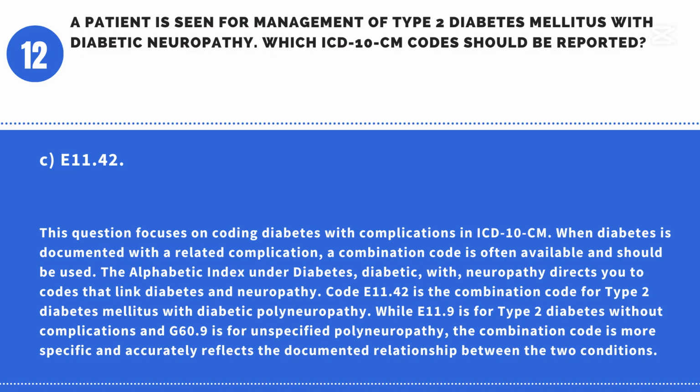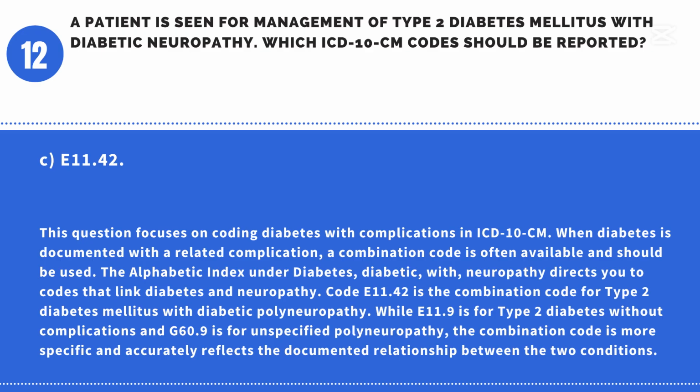Answer: C. E11.42. This question focuses on coding diabetes with complications in ICD-10-CM. When diabetes is documented with a related complication, a combination code is often available and should be used. The alphabetic index under diabetes, diabetic, with neuropathy directs you to codes that link diabetes and neuropathy.